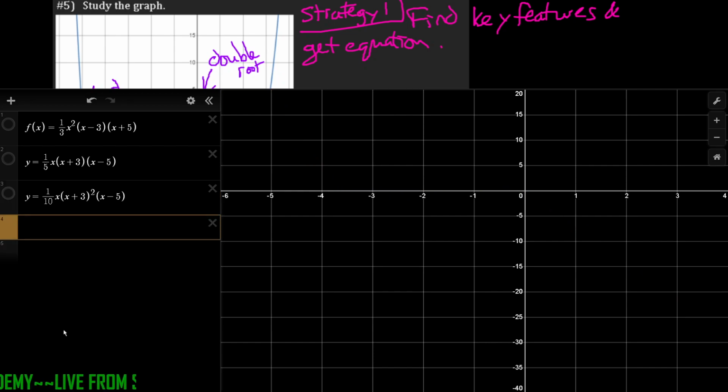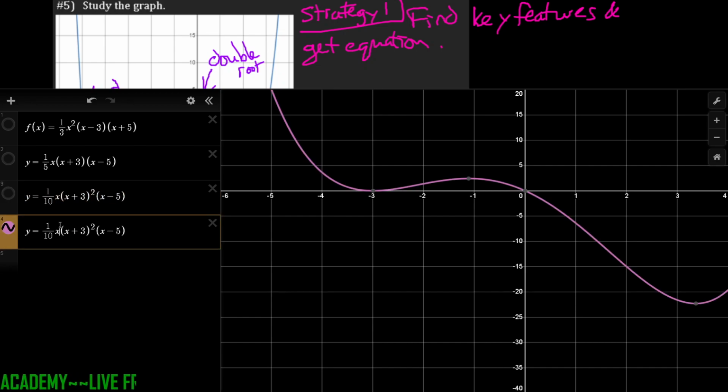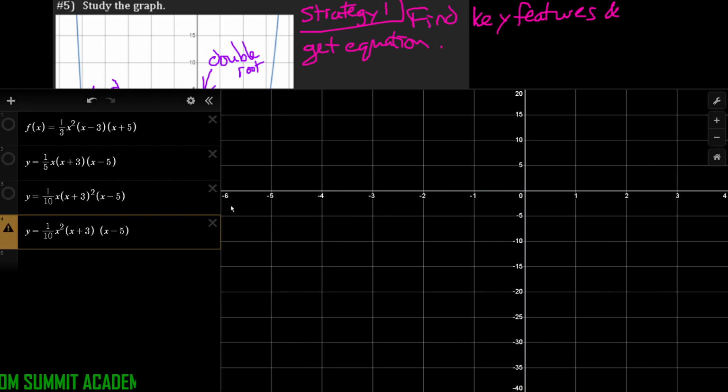And let's look at that third choice. This is similar to this one. We had x squared, we had plus 3, minus 5. Yeah. So again, same idea.